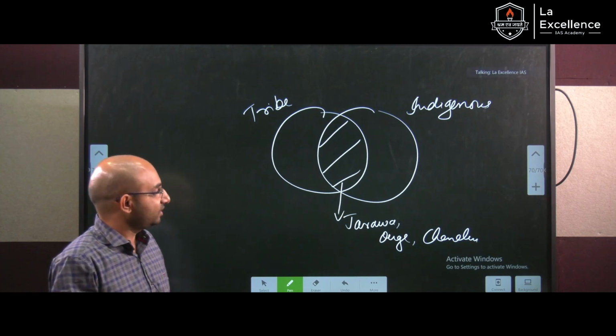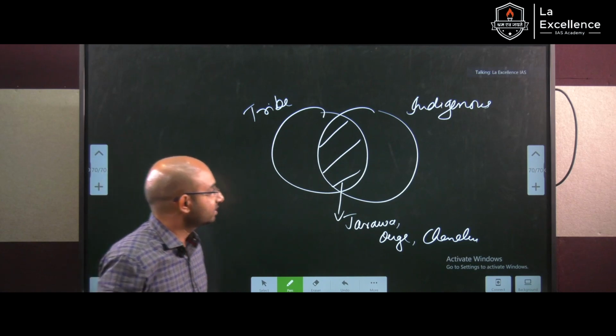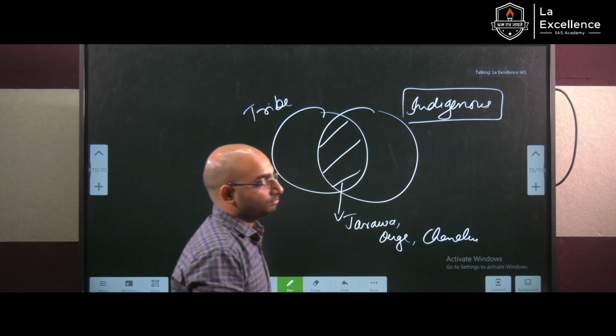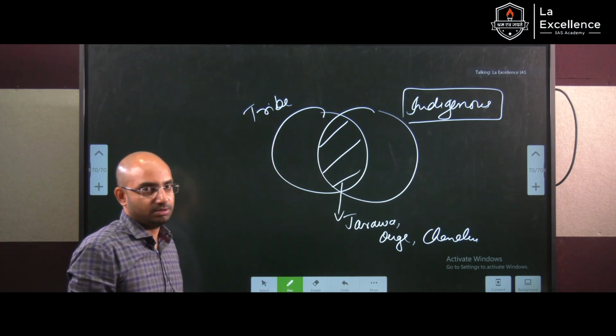And some who come under indigenous may not be tribal. So that is why, in India, the term indigenous, when applied to people whom we call tribe, gives rise to many complexities and many problems.